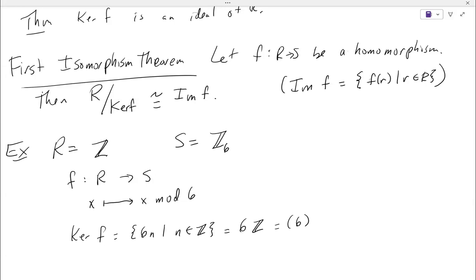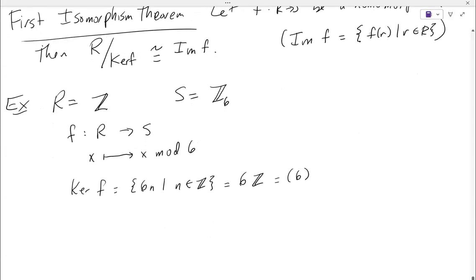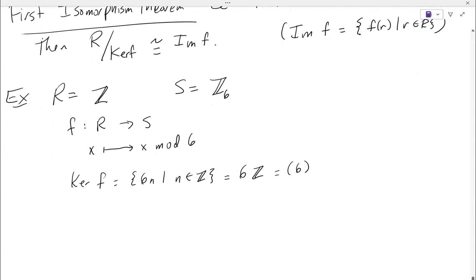Agree? So here's what the first isomorphism theorem says. It says if you take your ring and mod out by the kernel, it's isomorphic to the image. So when I take the integers and mod out the ideal generated by 6, I get the integers mod 6. Which kind of makes sense, right?